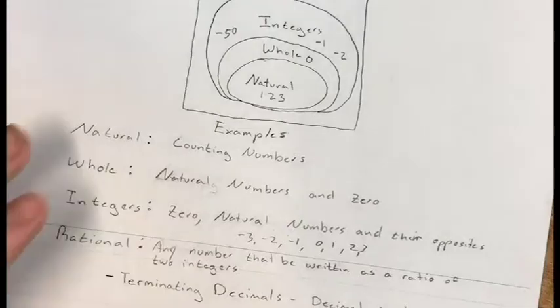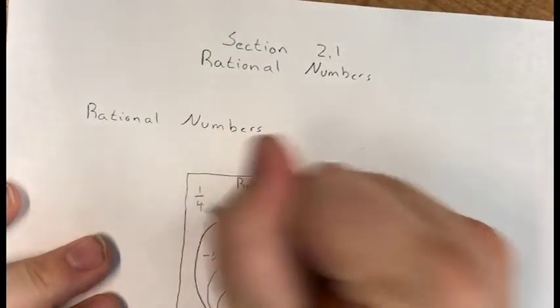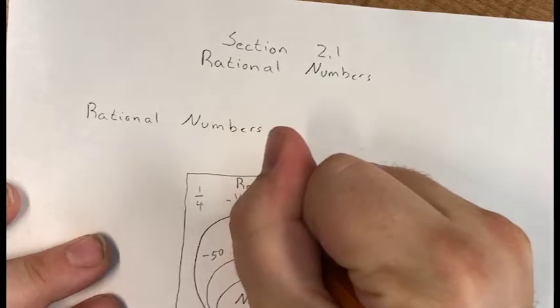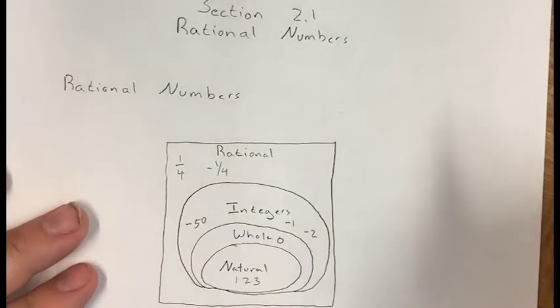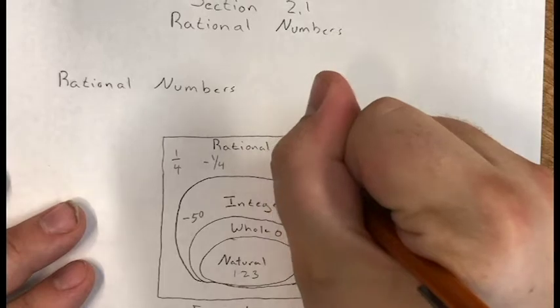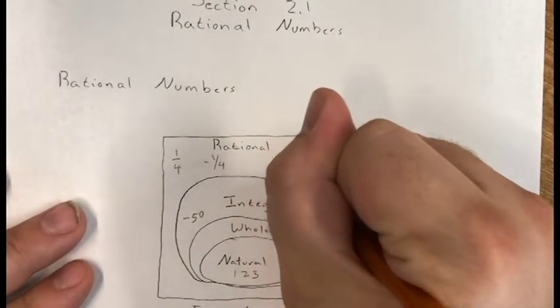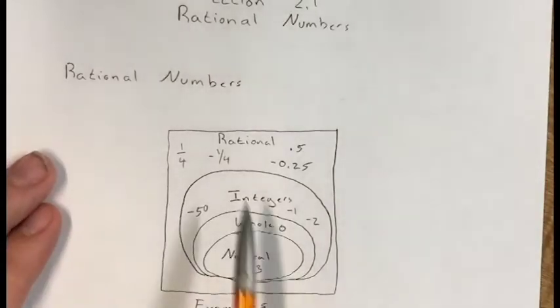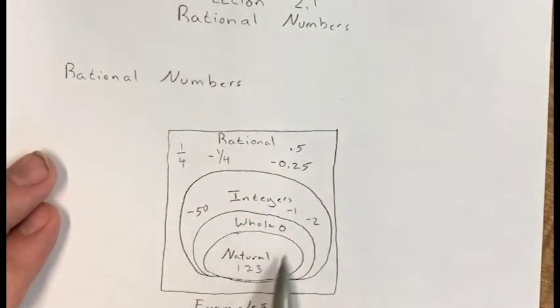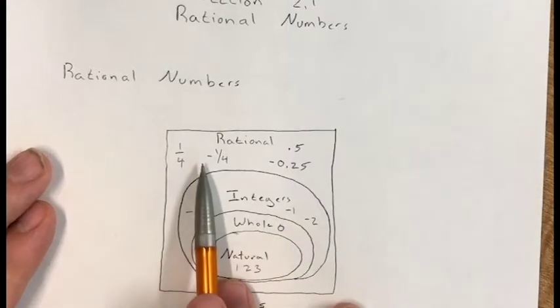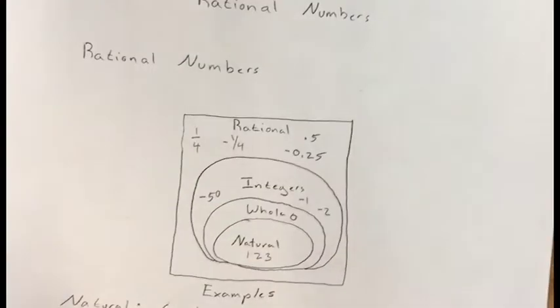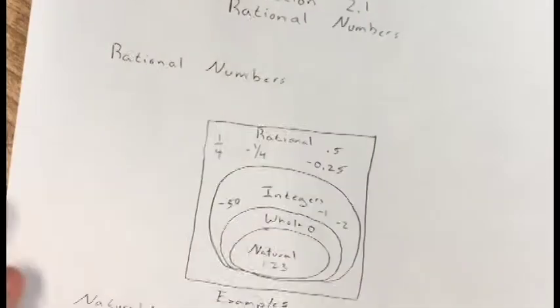Let's make that simple. It includes fractions, 1/4, or -1/4. It also includes decimals, such as 0.5 or -0.25. All right, so rational numbers include all of these things that you already know, but also include fractions and decimals. That's really all rational numbers are. It's just numbers that you know already, and then there's fractions and decimals. All of those are what we call rational numbers, okay? And they all fall within this box.